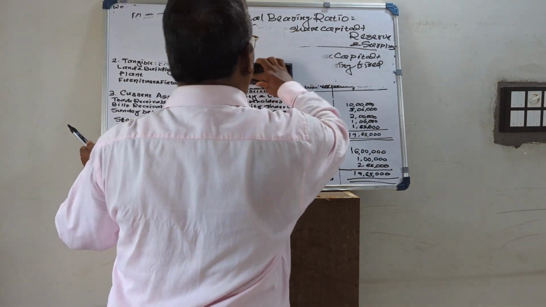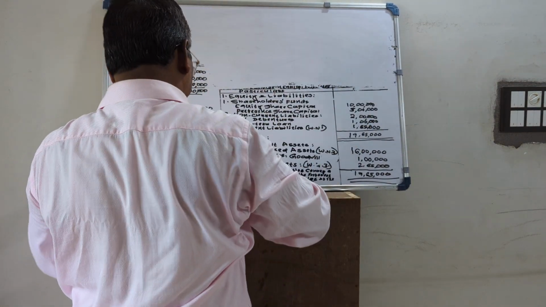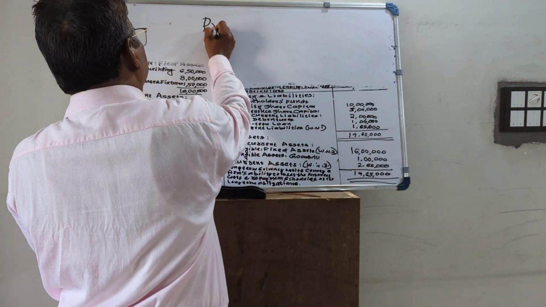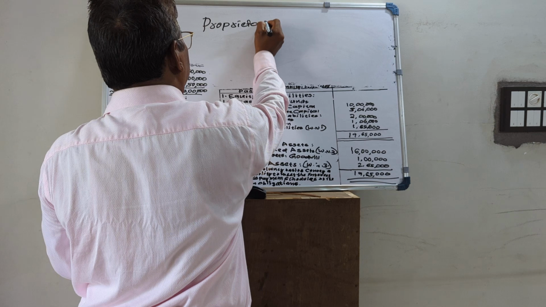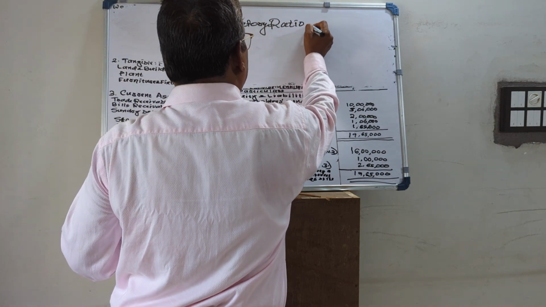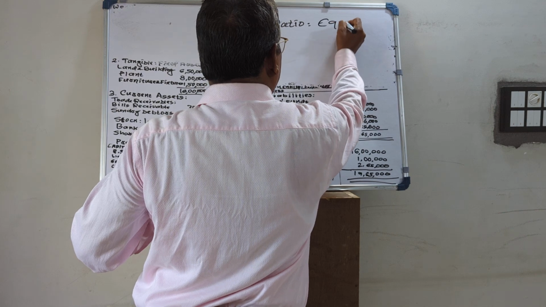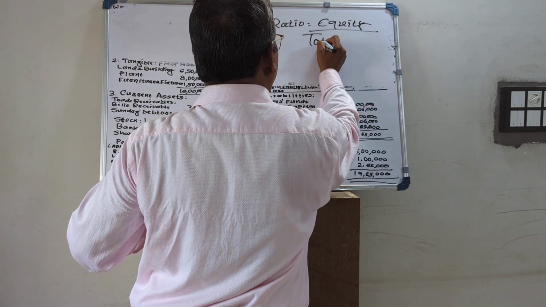Then another is the proprietary ratio. Under the proprietary ratio, it is equity divided by total assets.